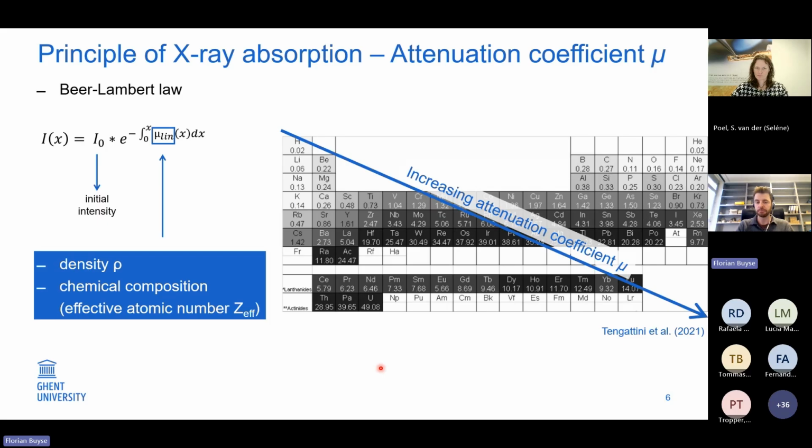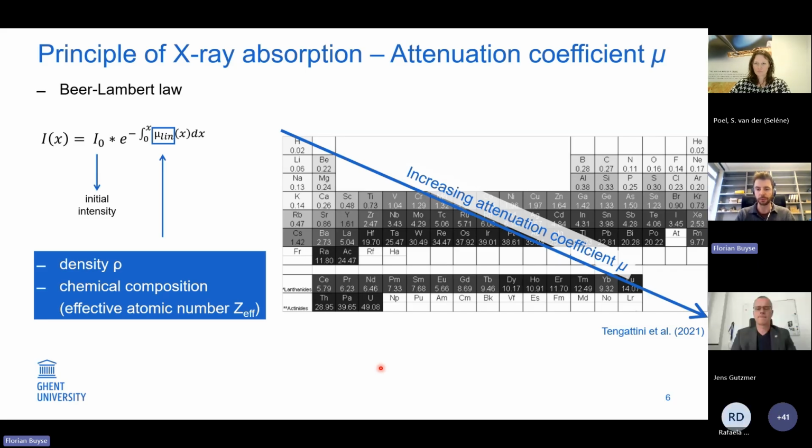Looking at all the elements, the larger the atomic number is, the more it will influence the attenuation coefficient. For instance, hydrogen almost does not contribute to the attenuation coefficient, while lead has a really high impact on it.